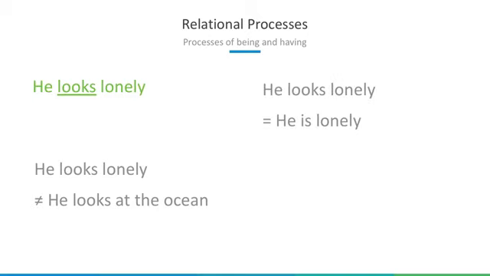If we replace the verb looks with is, then the meaning is very similar. So in this case, looks is a process that has the same kind of meaning as is. So looks relates the Minotaur with loneliness. We can call it a relational process.